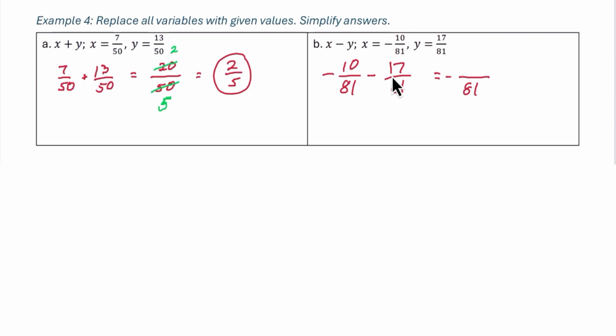That is negative 27. And now let's see if this will reduce. 27 and 81 have a GCF of 27. So let's divide each of those by 27. 27 divided by 27 is 1. 81 divided by 27 is 3. So when we reduce, we get negative 1/3.